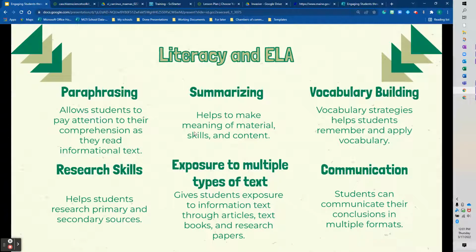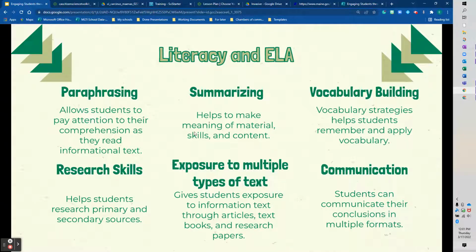While the math teacher is talking about data, the ELA teacher can be talking about research, paraphrasing, writing summaries or understanding multiple texts, and the social studies teacher can be working on research skills, the science teacher can be looking at all of those pieces together as a whole citizen science program.